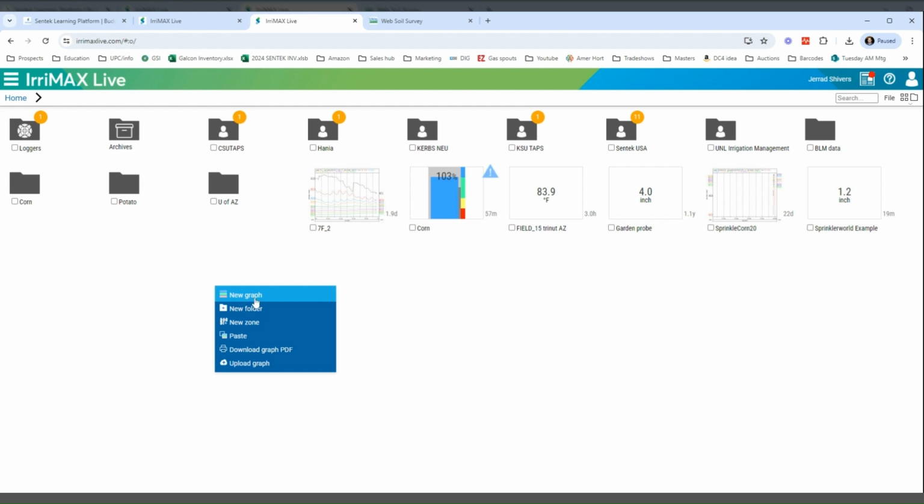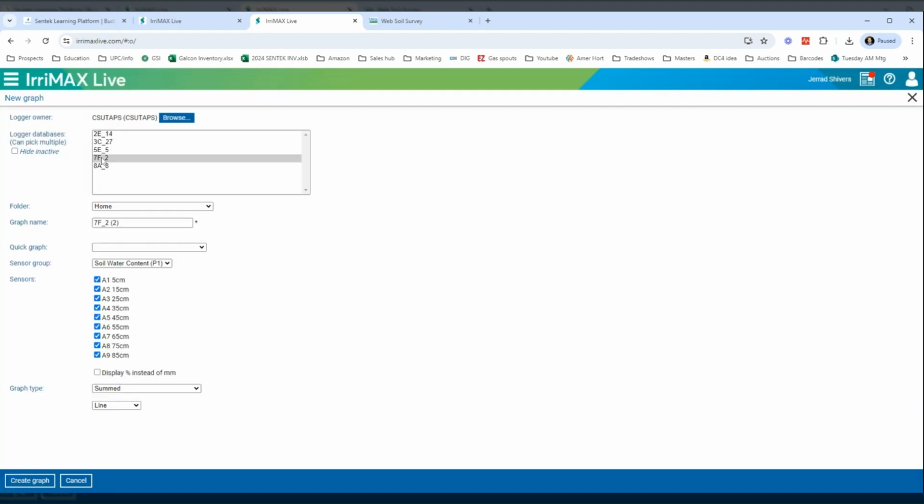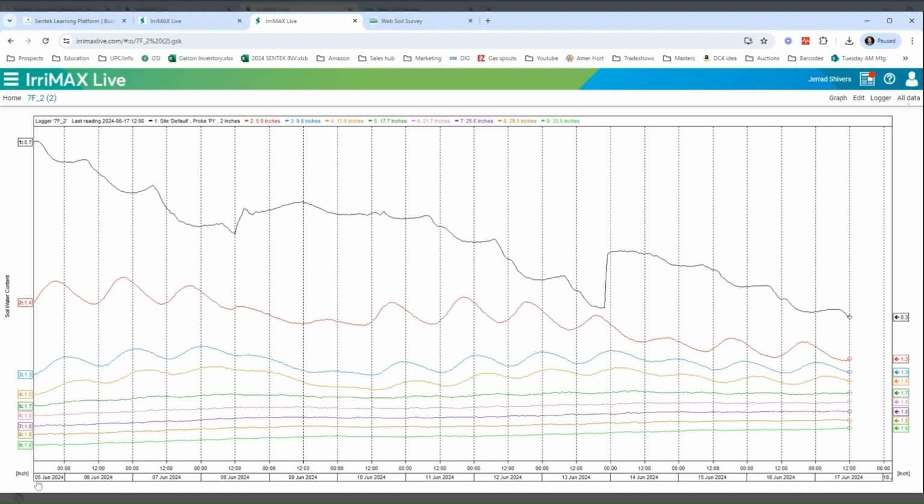Let's do that. I'm going to create a new graph, 7F2, because I've been speaking with Mr. Kevin quite a bit. Let's make this a stacked graph, and we're going to leave all of our sensors active because we don't know where our plant is growing at this point, and we're going to create that graph.